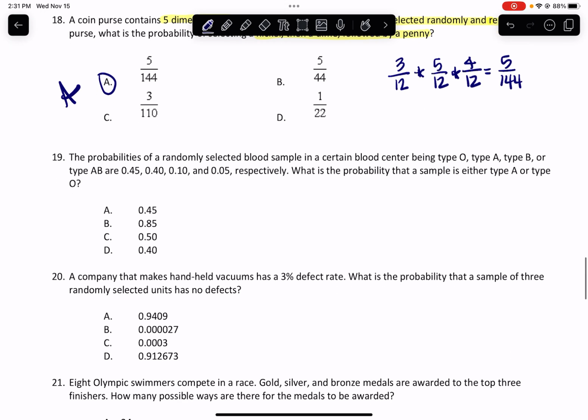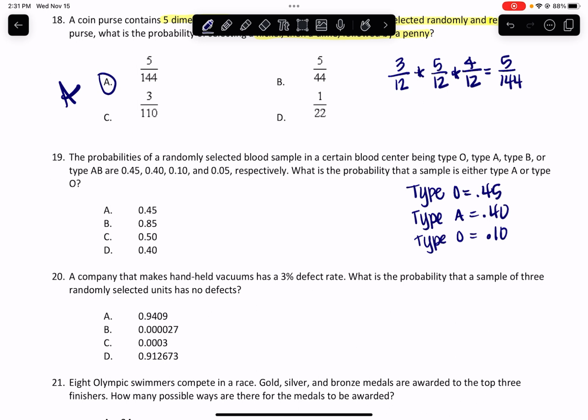Okay. The probability of selecting a sample blood type. So this is problem 19. O, A, B, or AB are 0.45, 0.4, 0.10, and 0.05 respectively. So remember, respectively means in order. So type O is 0.45. Type A is 0.40. Type B is 0.10.